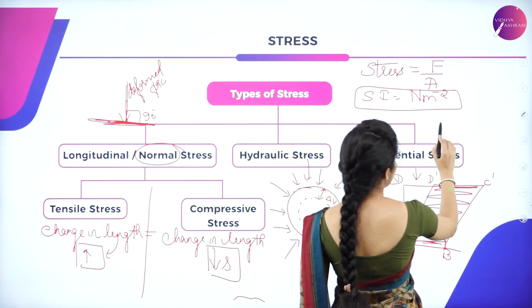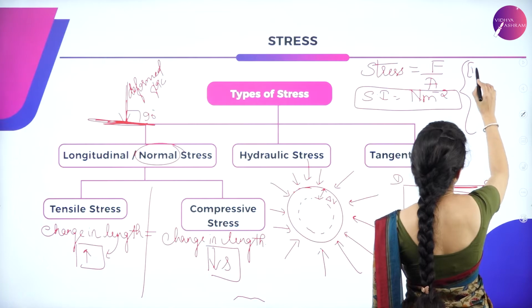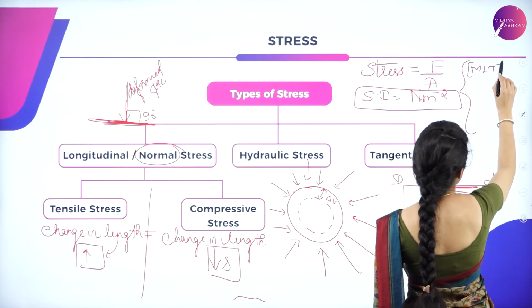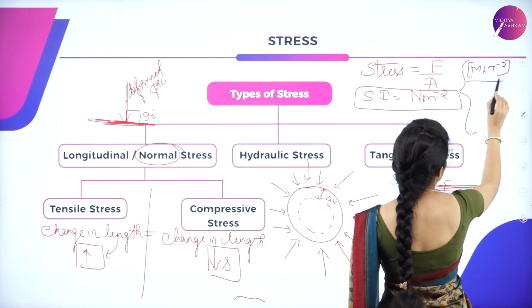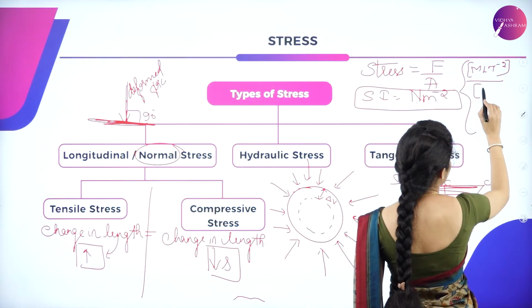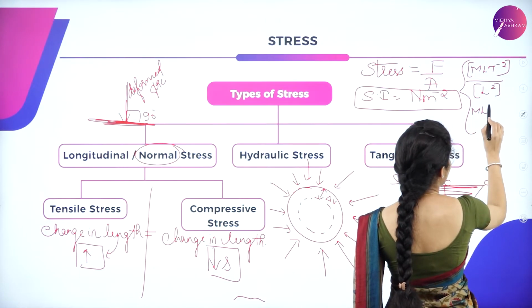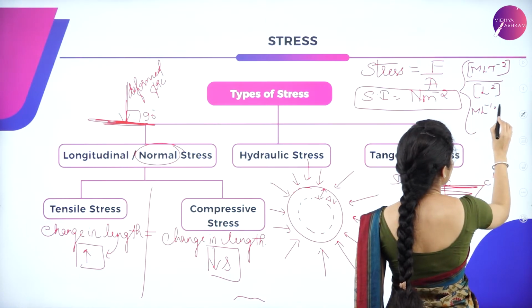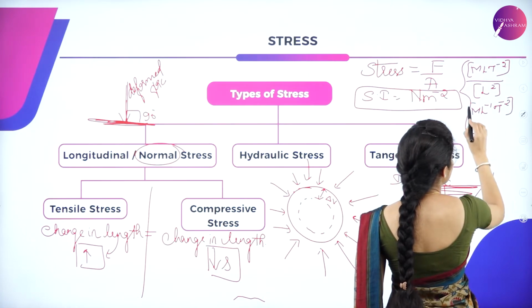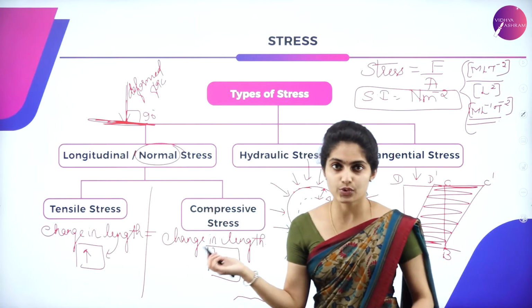What will be its dimension formula? The dimension formula of force is MLT^-2, divided by area, which is length into breadth, so L squared. So you have ML^-1 T^-2. This is the dimension formula for stress.